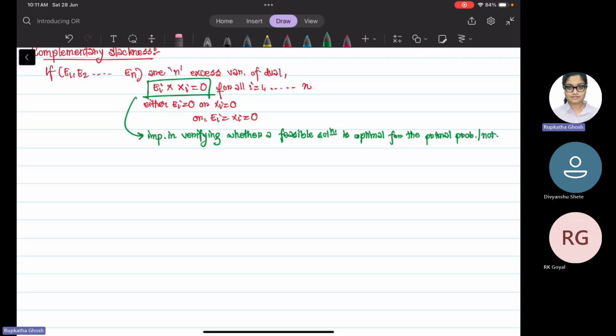So here we assume that the given feasible solution is optimal, and we try to construct an optimal dual solution using the complementary slackness conditions. So if we are successful, then the given feasible solution is in fact optimal for the primal.